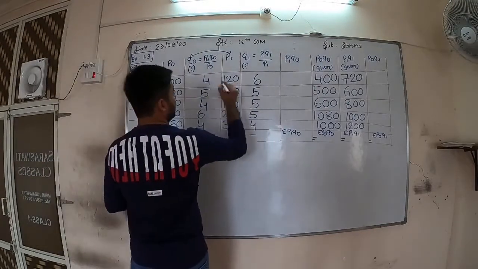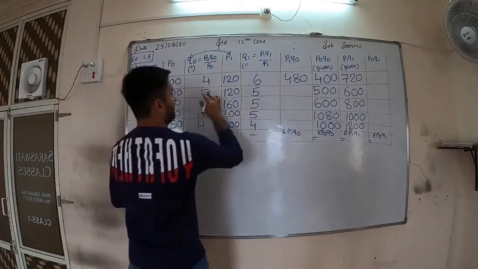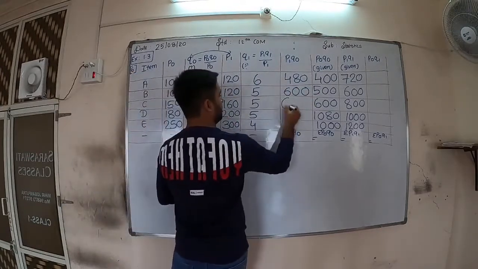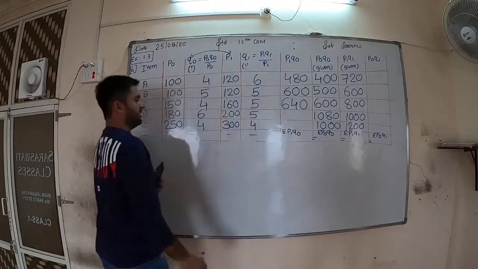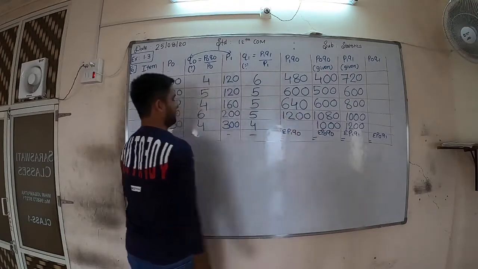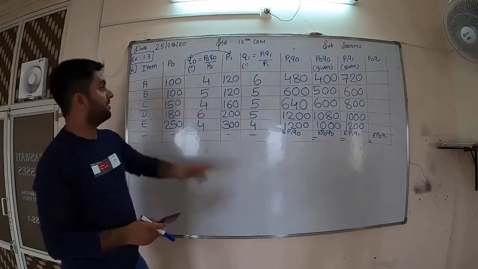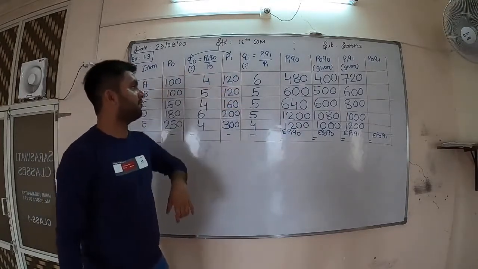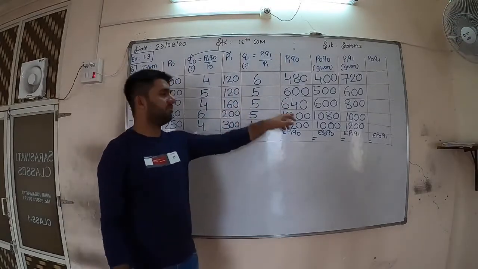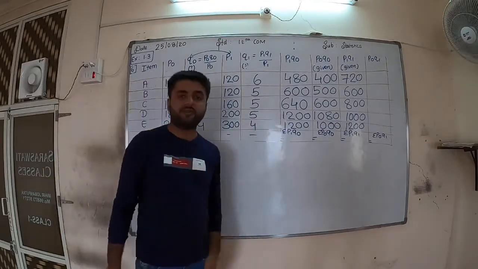P1 Q0: 120 into 4 is 480, 120 into 5 is 600, 160 into 4 is 640, 200 into 6 is 1200, 300 into 4 is 1200.